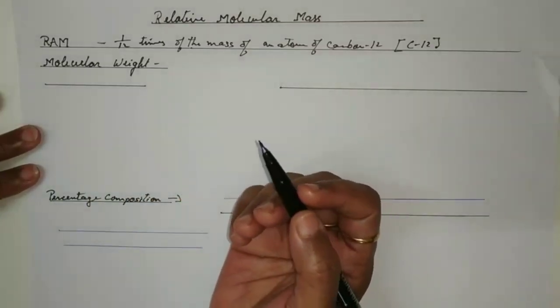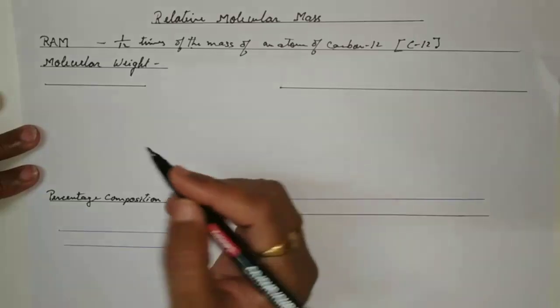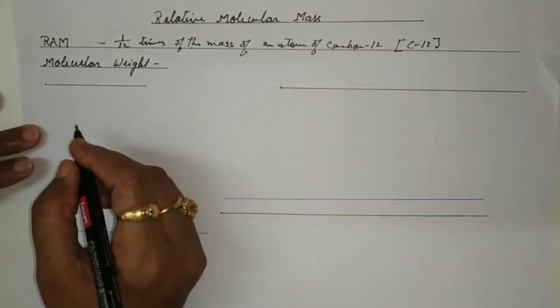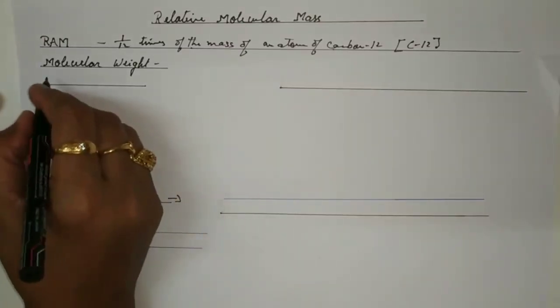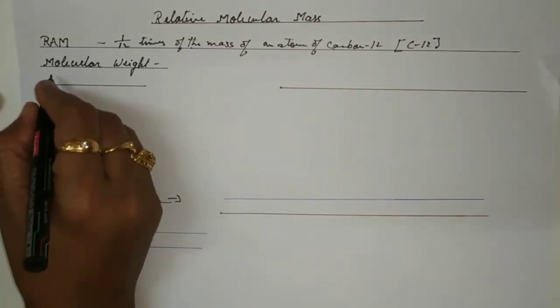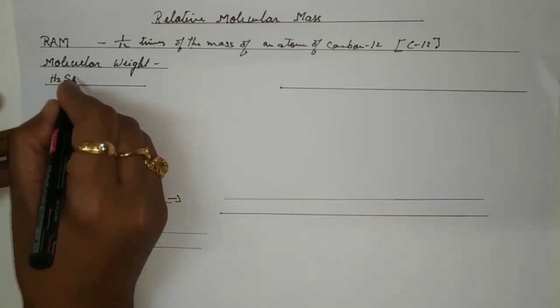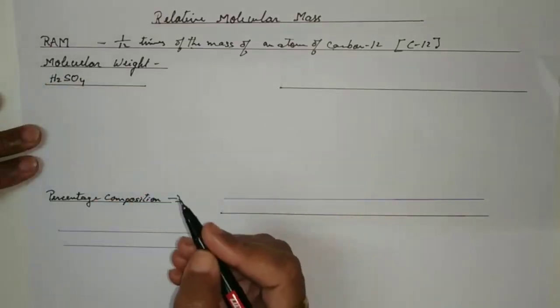So to begin with the calculations, let us take examples. The first example can be sulfuric acid, that is H2SO4.